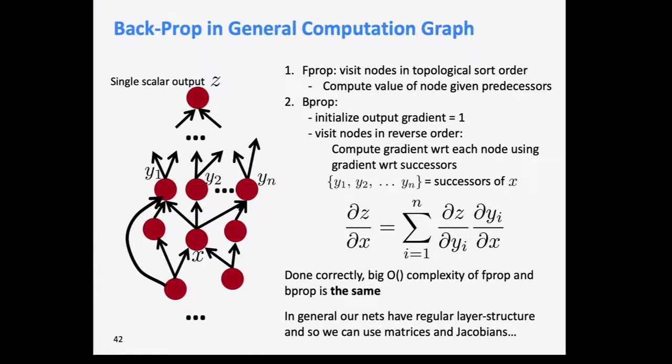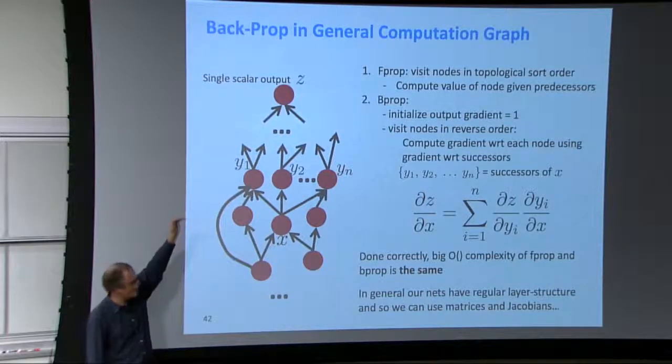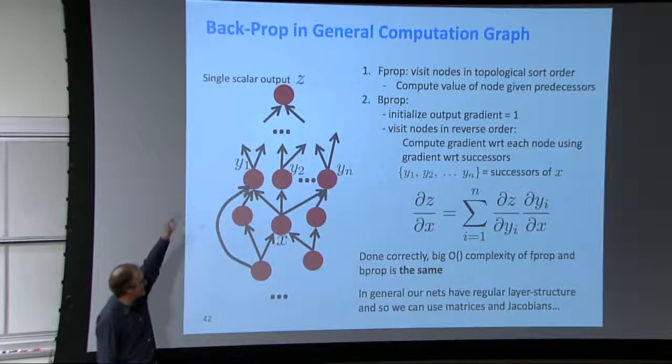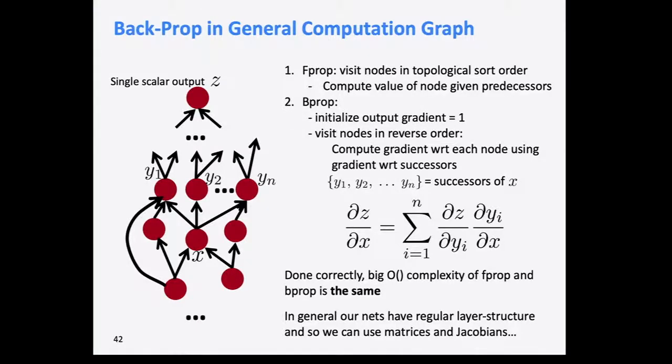Anything that's above a node, anything that we calculated based on it in the forward pass, will already have had its gradient calculated as a product of upstream gradient times local gradient, and then we can use that to compute the next thing down.